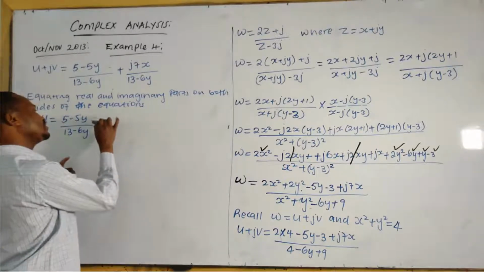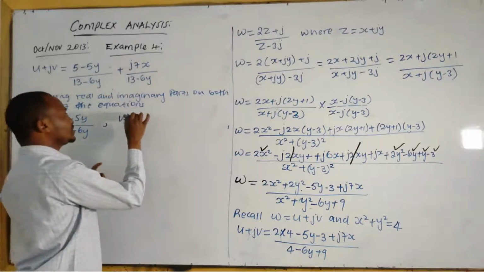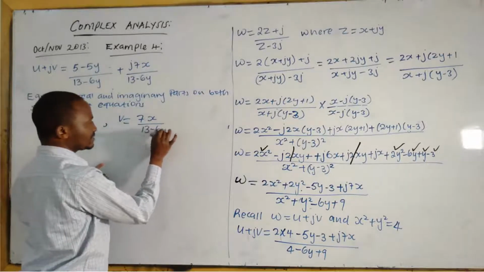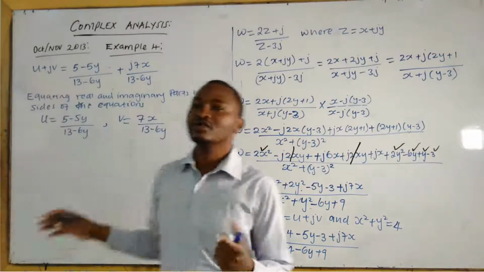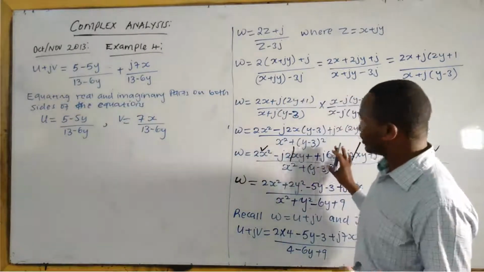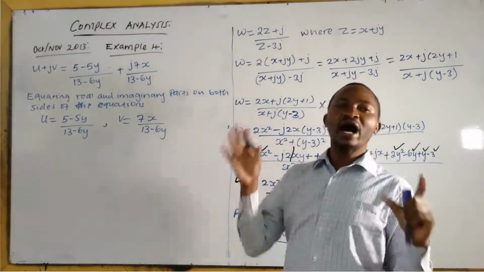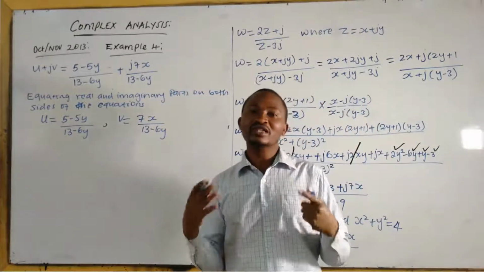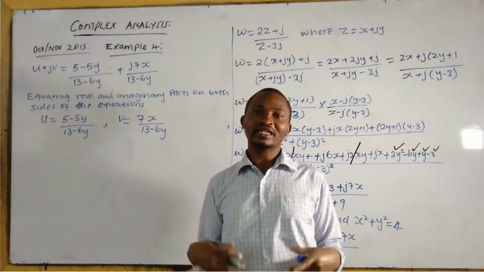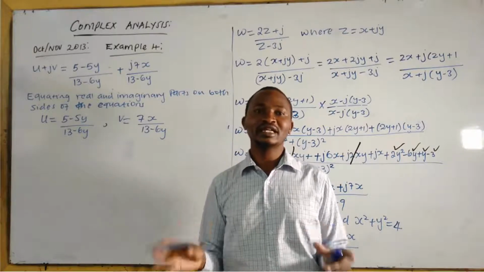v, this j and j will cancel out, so that v is equal to 7x over 13 minus 6y. So you can see the first step is to get u and v. That should be your first one, to get u and v. And then after getting u and v, you go ahead and try to get x and y.